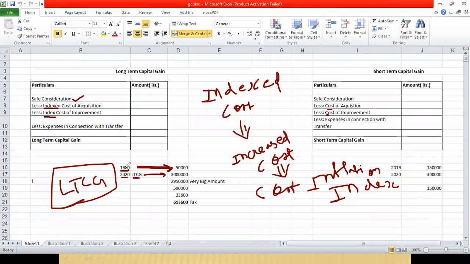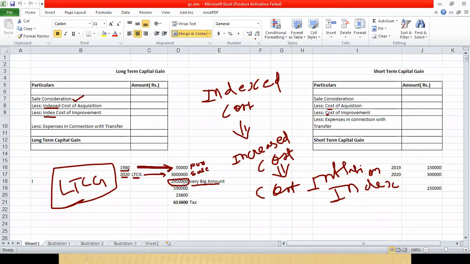In 1980, purchased the property for 50,000 and sold it for 30 lakhs. So sale consideration minus cost will be 29 lakh 50,000. If you see, it is a very big amount. This will become the capital gain.